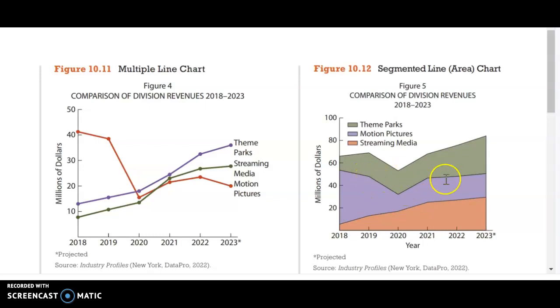So you're going to continue to add, and then you would do the theme parks. You would find the value of the theme park, which is 11 here, and you're going to add 11 to this to get your point. So that's how you do a multiple line chart and a segmented line chart or area chart.